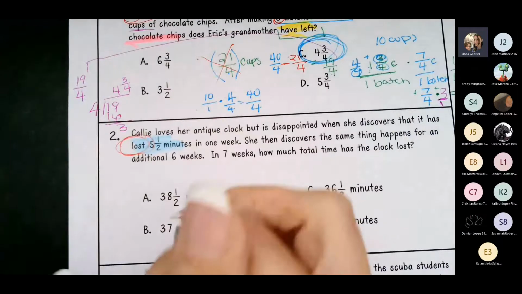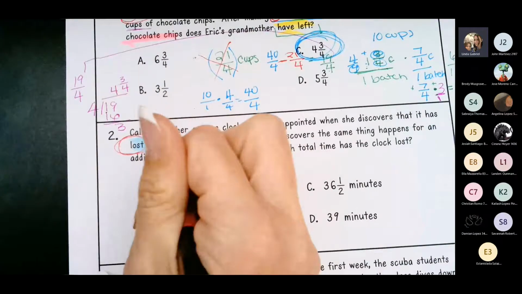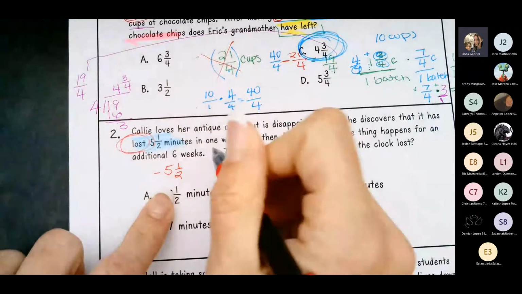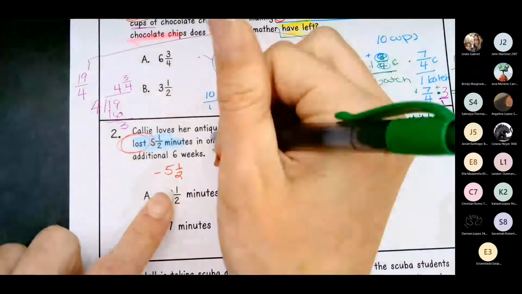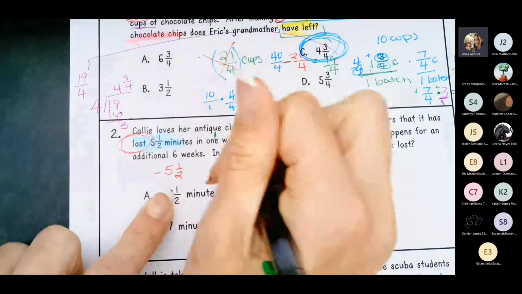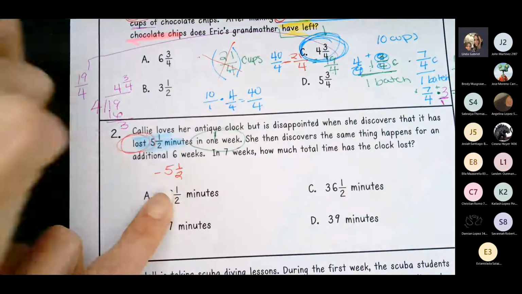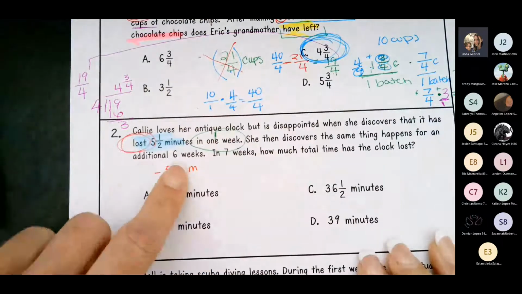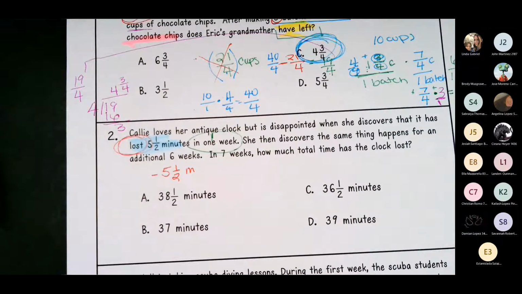So I have negative 5.5 in 1 week, right? That's 1 week. So every week it loses 5.5 minutes. And she discovers this happens for an additional 6 weeks, right?